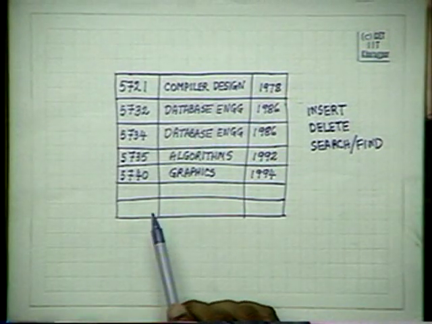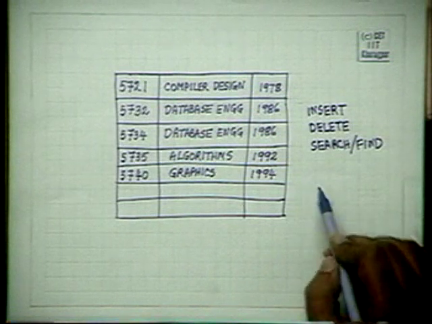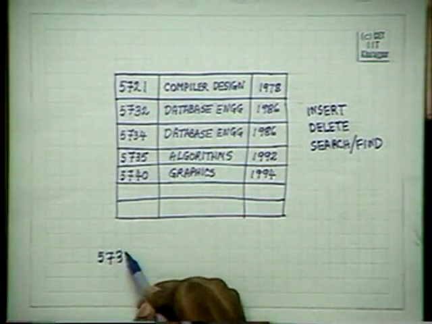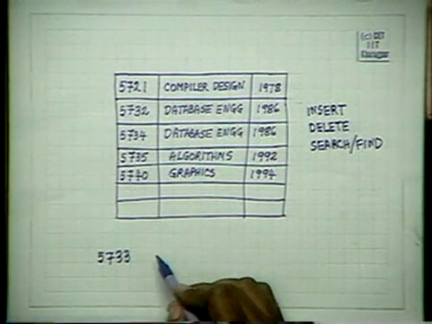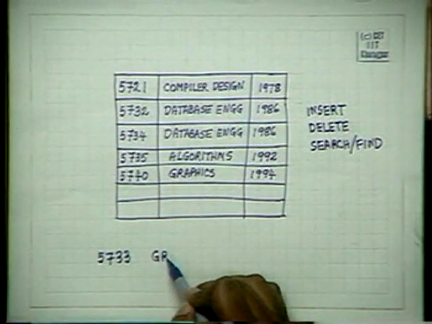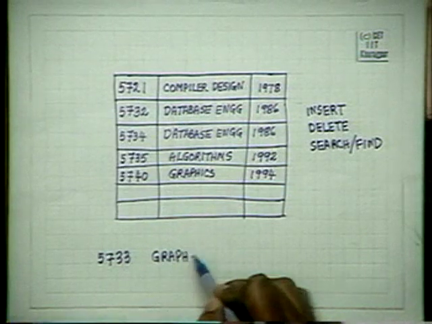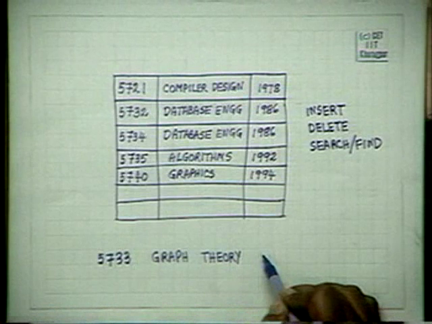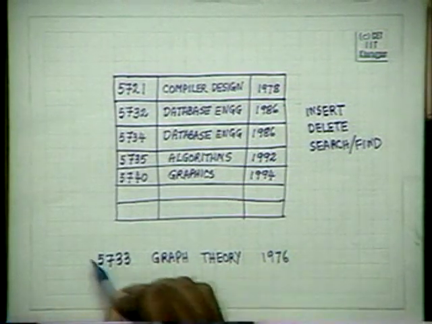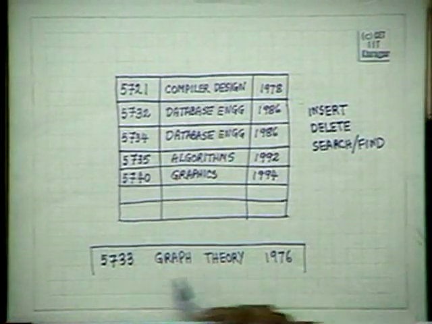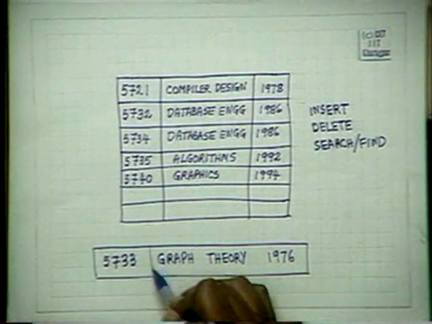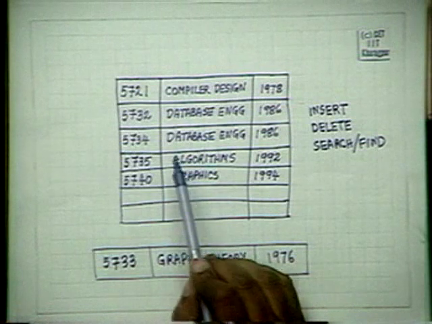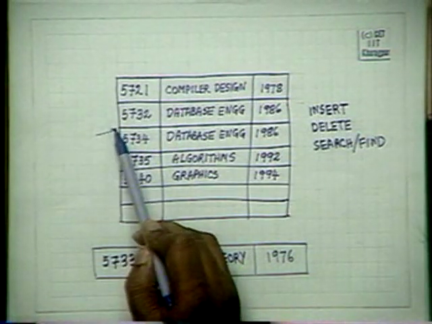Now the first problem comes up. Suppose we want to insert a book. Suppose we want to insert this record. Now this record will logically come here.